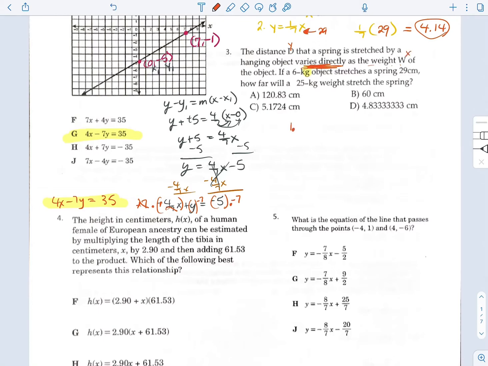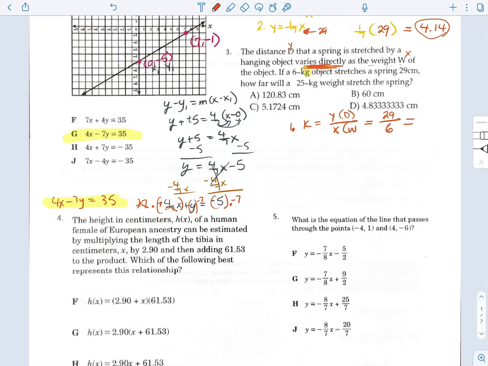So to find our K, we take our Y, which is our distance, and divide it by our X, which is the weight. We're given this tidbit of information here. It says if a 6 kilogram object stretches a spring 29 centimeters. So 29 is dealing with our distance, and the 6 kilograms is dealing with our weight.